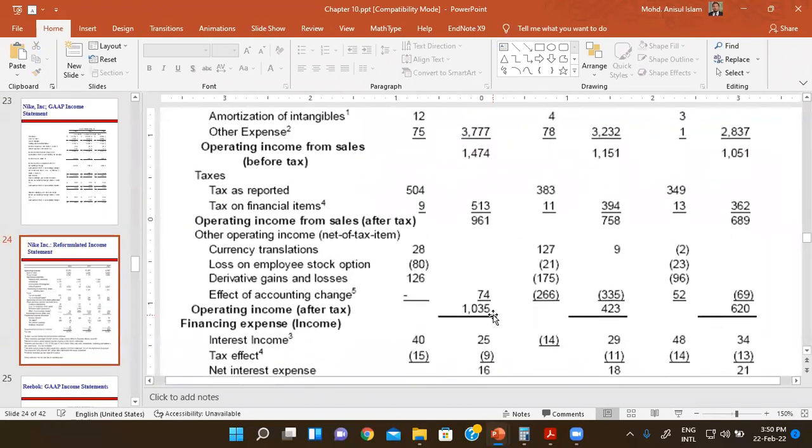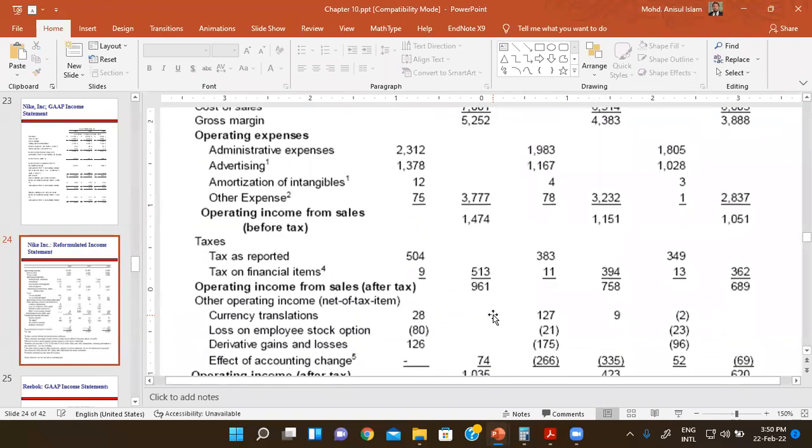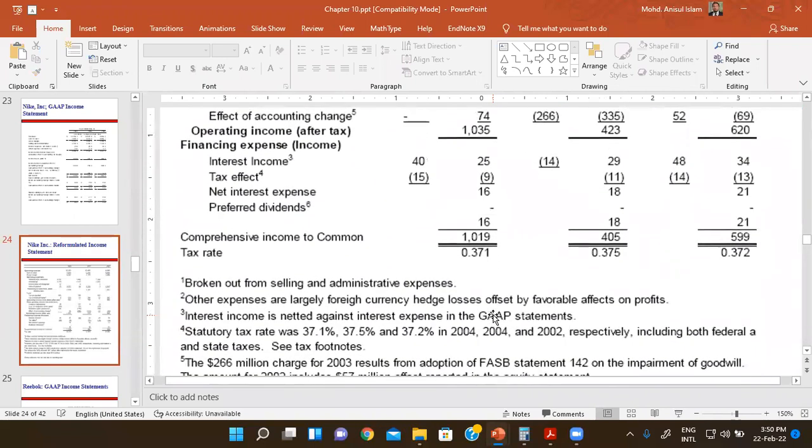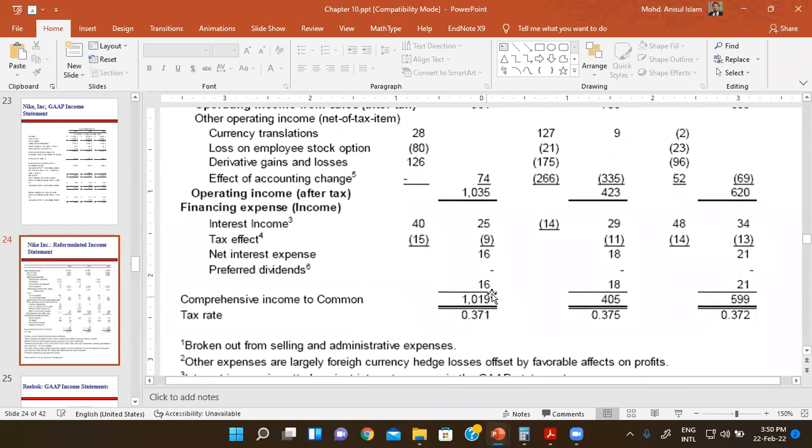Okay, for 2004, Nike has this amount of net finance expense, which is the 16 here. 16 is their net finance expense.